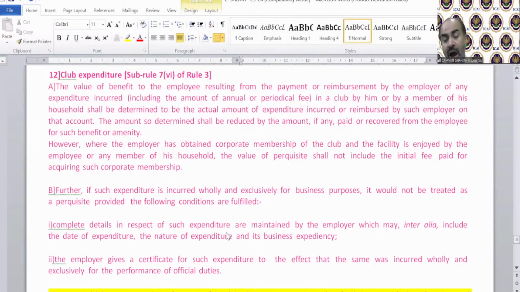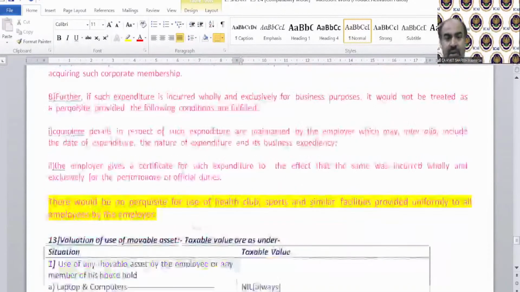Only after the membership, if the employer bears any expenses on behalf of the employee, then only this is going to be taxable. The initial fees paid by the employer are not a taxable perquisite in the hands of the employee. And if that employee proves that these expenditures are for official purpose, then nothing is going to be taxable.